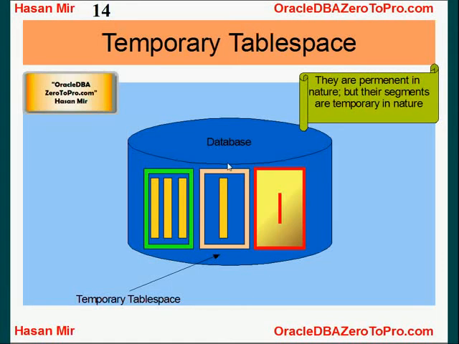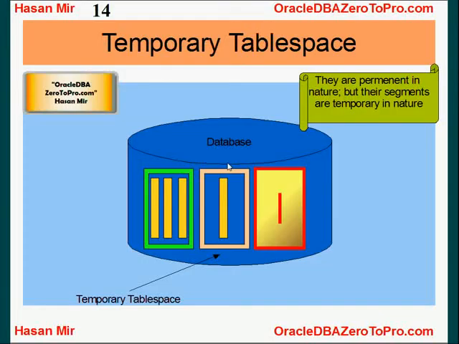One thing you should know about temporary tablespaces: they are permanent in nature as far as the tablespace is concerned, but segments within this tablespace are temporary in nature. They're created once the operation is about to be performed, and they're removed once the operation has been performed.